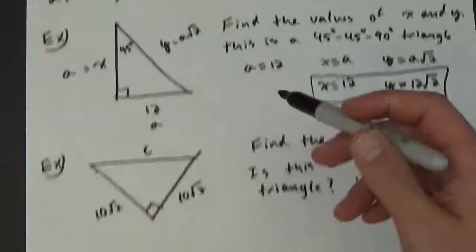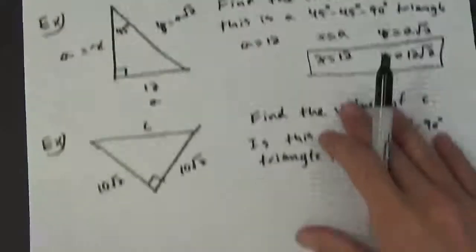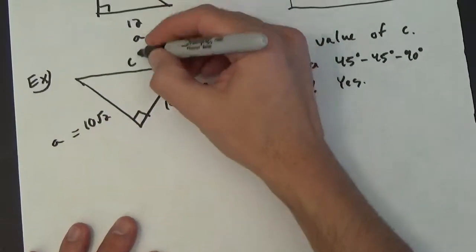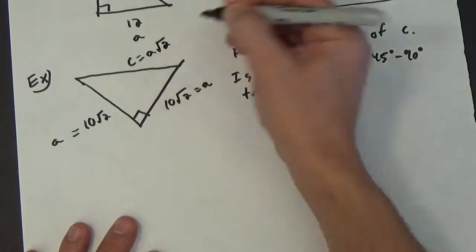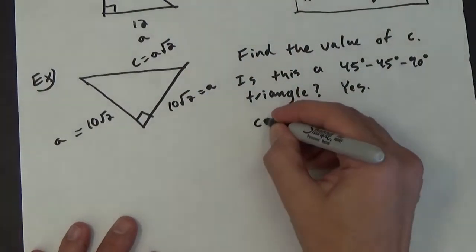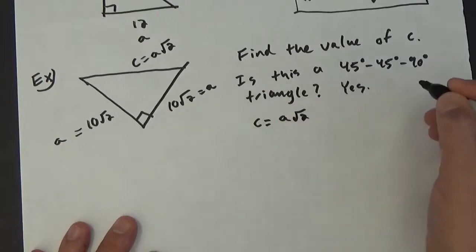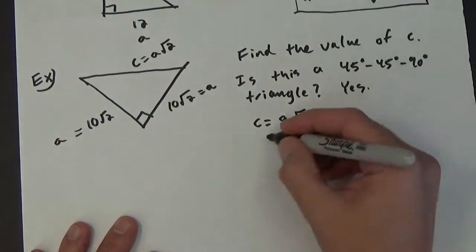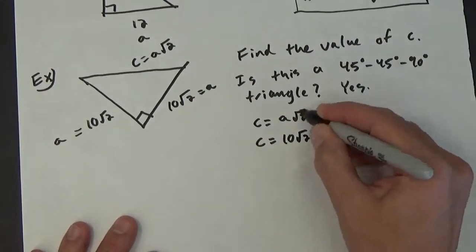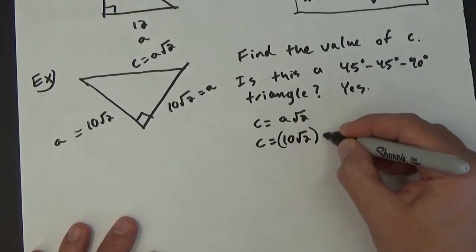All right, now let's get our sides based on these up here. So normally we associate this with a, and this with a times the square root of 2. So if c equals a times the square root of 2, then c must be, well, a is 10 times the square root of 2, and then we have the square root of 2.